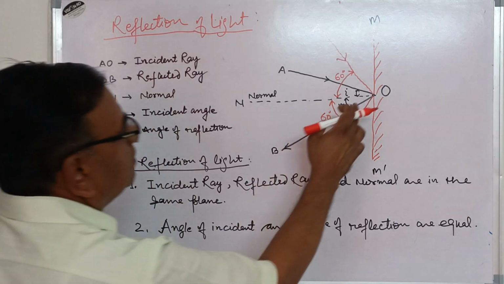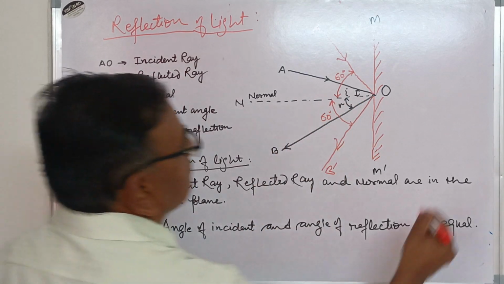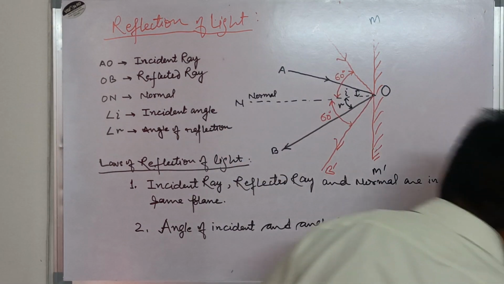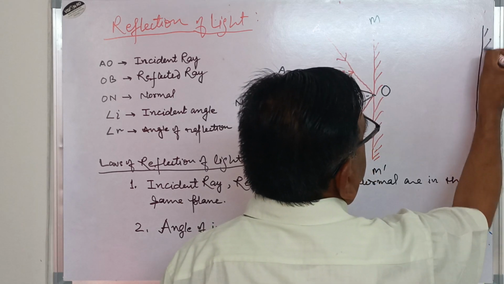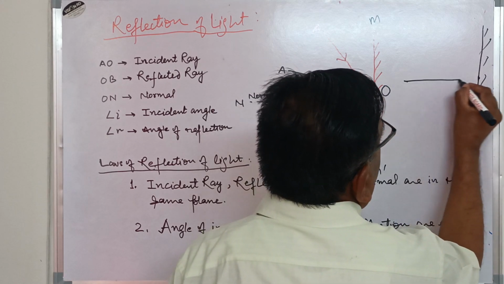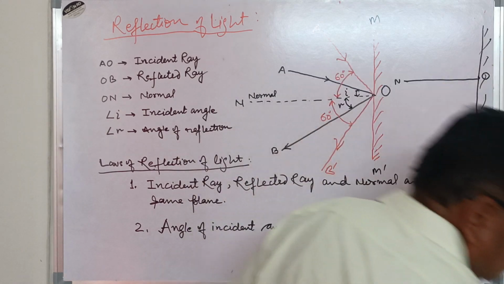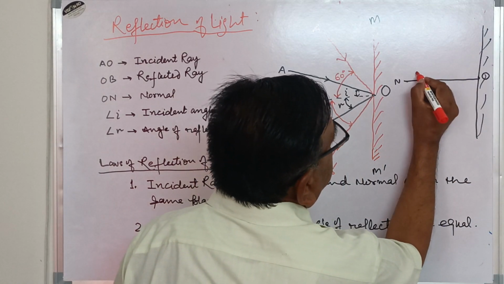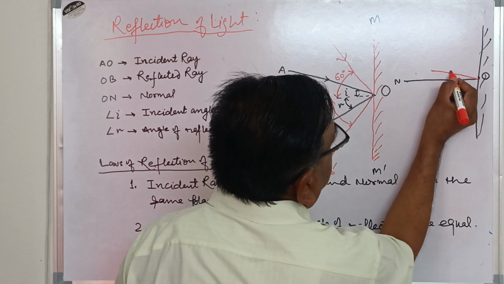If you reduce this angle further, come here, like this. Let this be the mirror. This is a point O. This is a normal. If this is the incident ray, this very small angle.